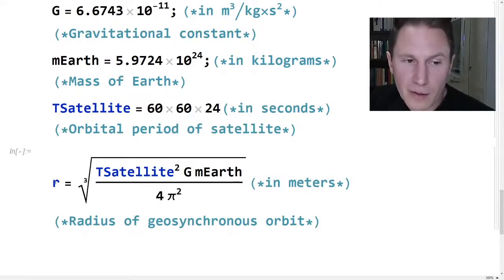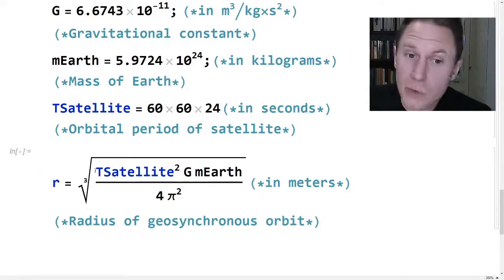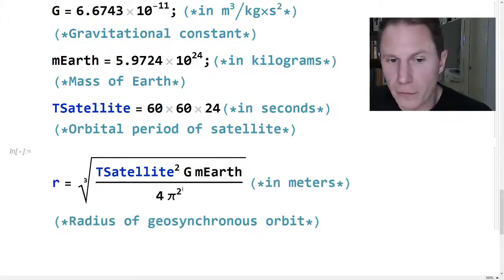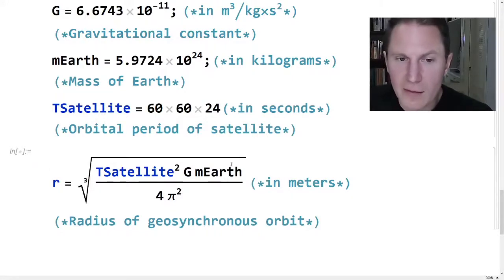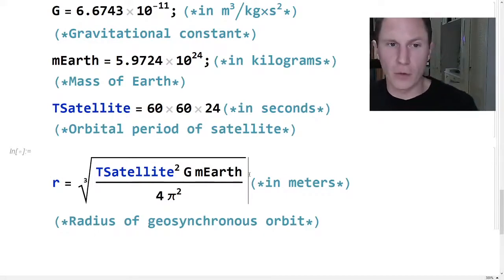And from Kepler's third law, in which now we know what this exact constant is, it was G times the mass of the Earth over 4 pi squared. That constant multiplied by t squared and taken the cube root gives us the semi-major axis for the orbit of our satellite. And let's see what that is.